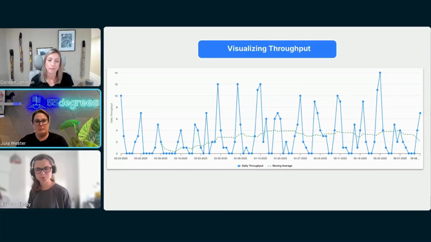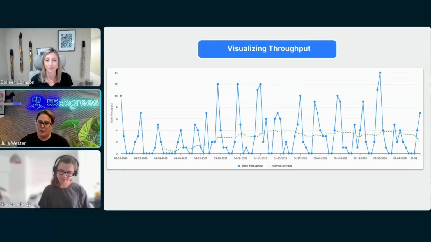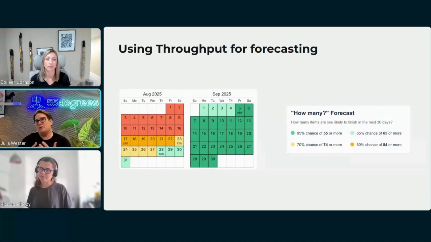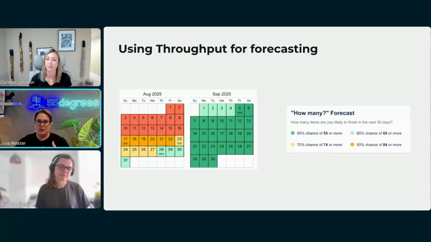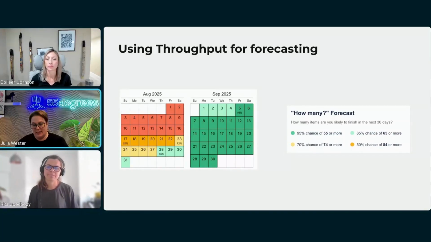So we are able to look at this like this, and this is interesting. It helps you see those patterns, but when it comes to forecasting, there's an even better way to use throughput. So if we'll move to the next slide, when you want to forecast how long it'll take to get groups of work done, like an epic full of stories, or even a story full of subtasks, you're able to look at the rate at which you finish work in a given period of time, and then you're able to see how many items are in this particular container.